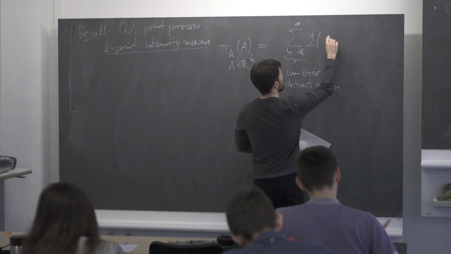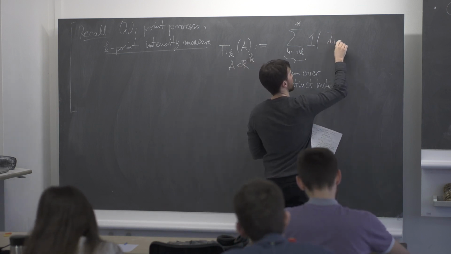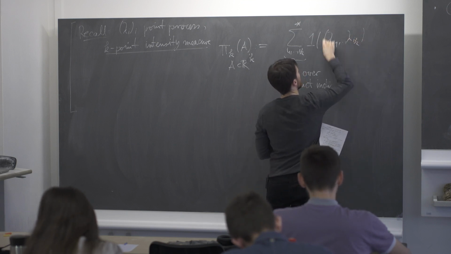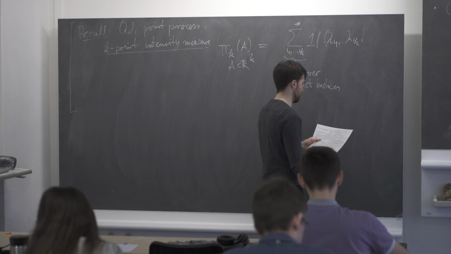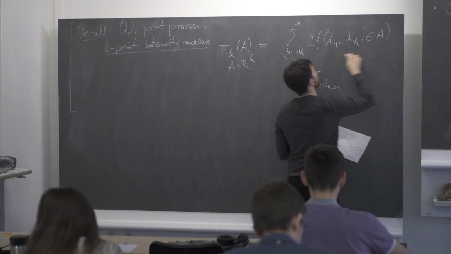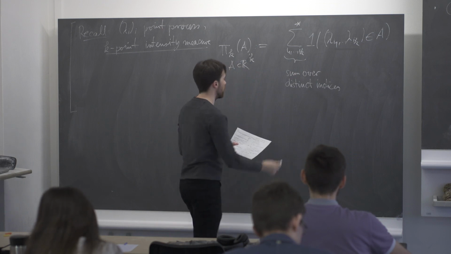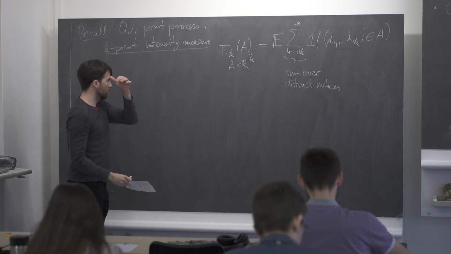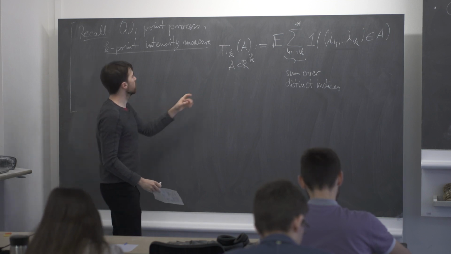And whenever a k-tuple lies in this set A, then I count a 1, and I take the expectation of this measure. Okay, so what does this tell me?